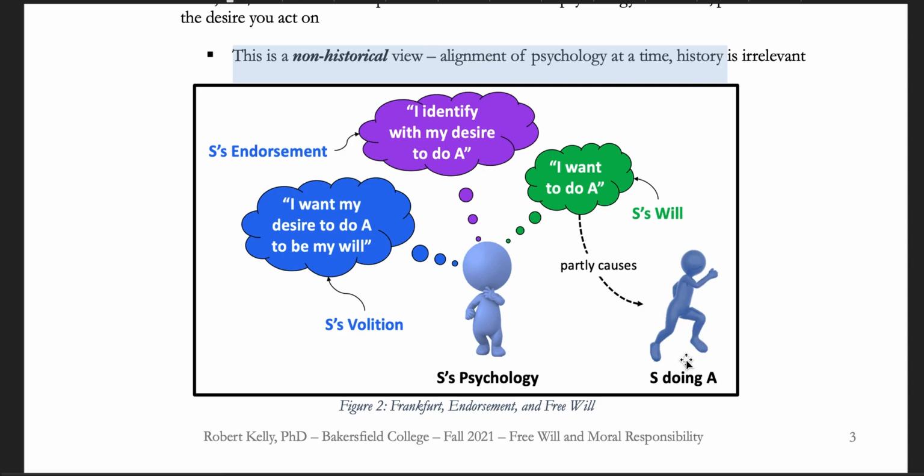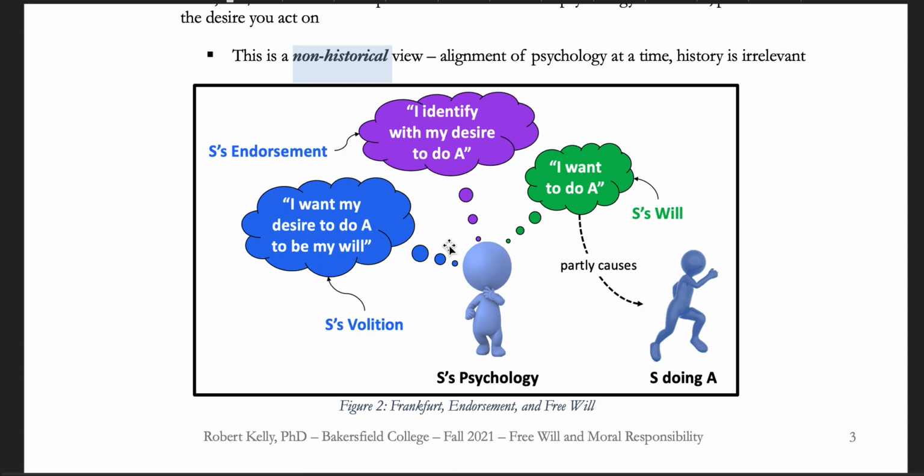So think of this as you acted, and then we go back to the moment before action and look at how your psychology was that caused you to act. And as long as you get the proper alignment, the proper meshing of all this psychology that caused you to act, that's all you need. So we don't have to look at the causal history of how you got this psychology. We don't have to care about that.